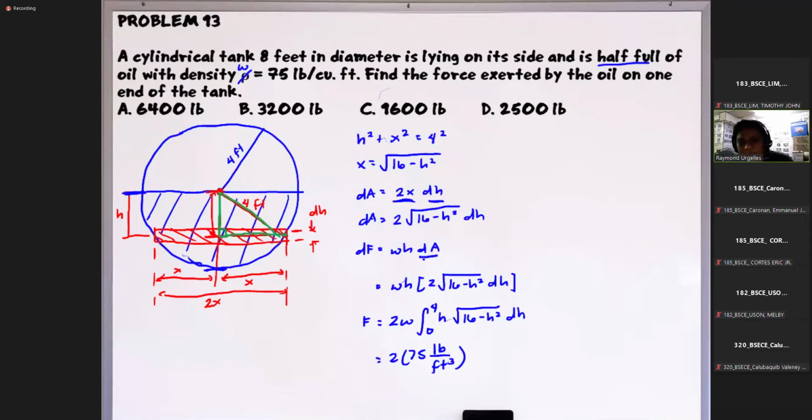So meaning this is square feet, this is cubic feet. So kaya lalabas sa integral natin will be in cubic feet. So 2 square root of 16 minus h squared dh, from 0 to 4.